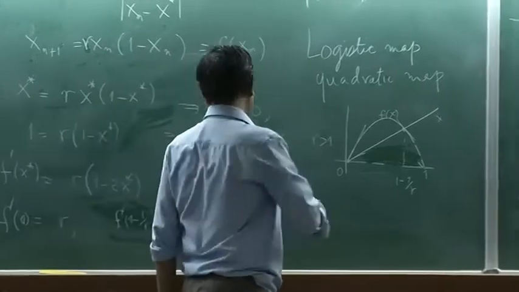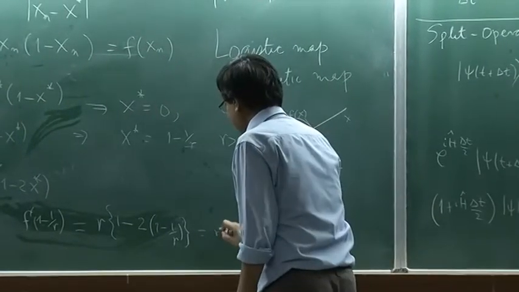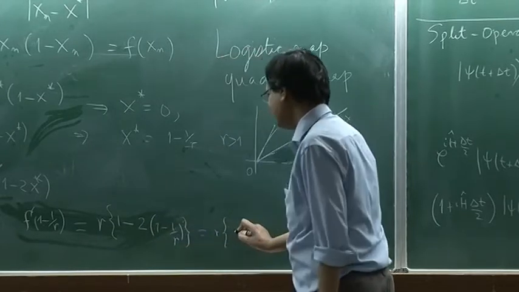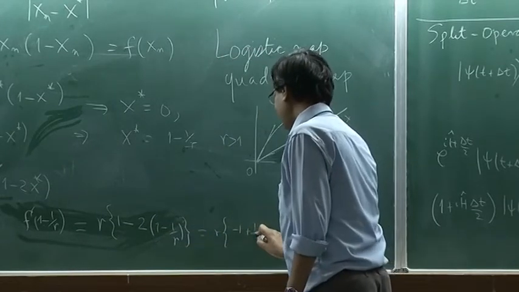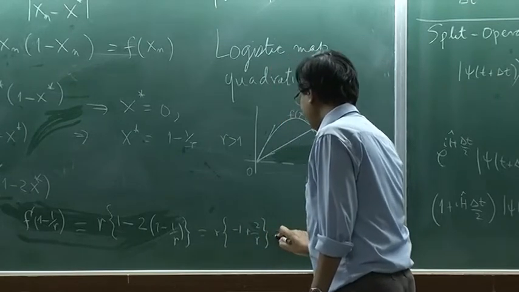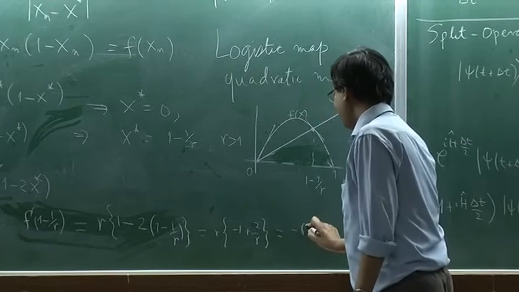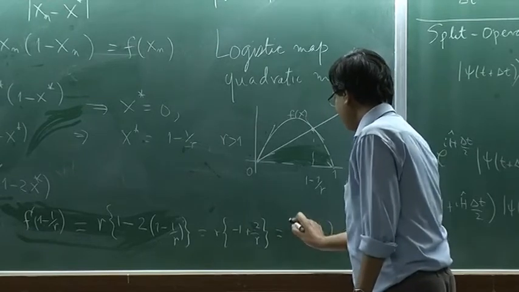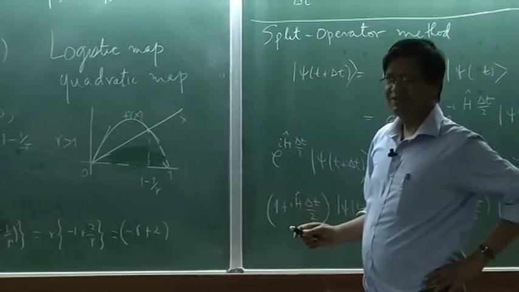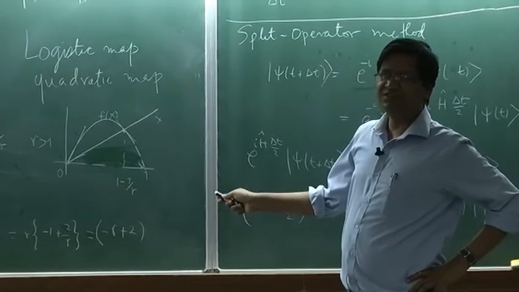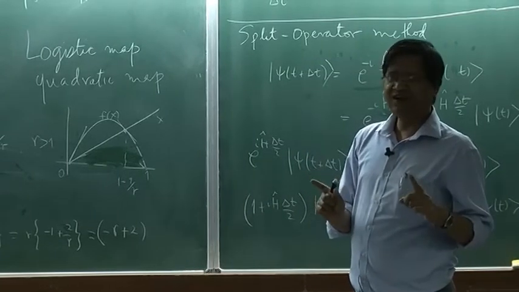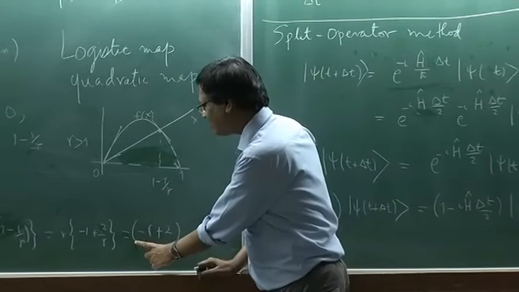That gives you r times (1 minus 2), which gives minus 1 plus 2 by r, so that gives you minus r plus 2. Now I have to take the mod of this. So for what range of r is the modulus of this less than 1?